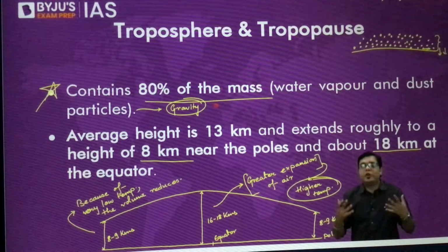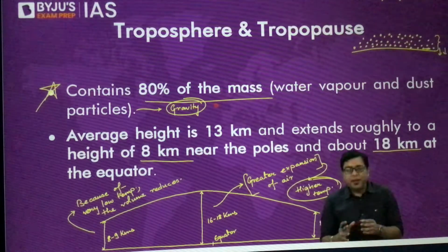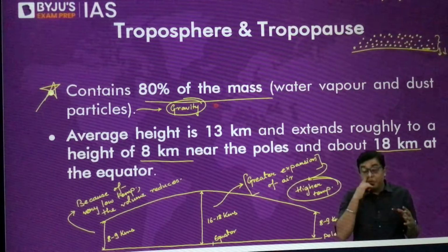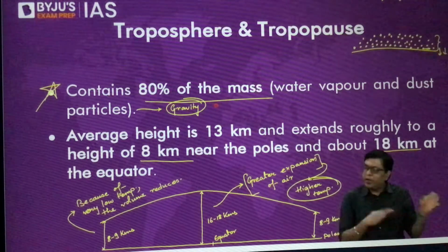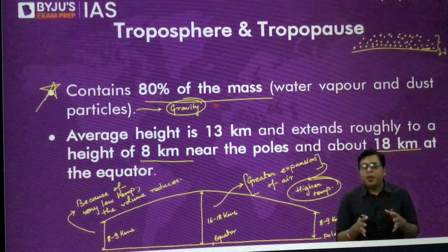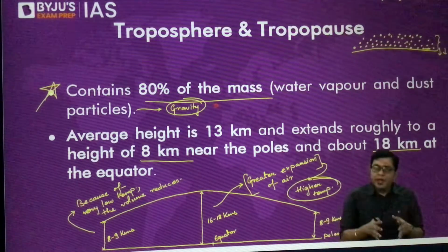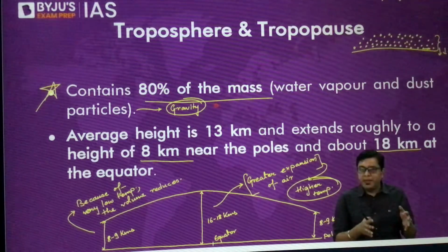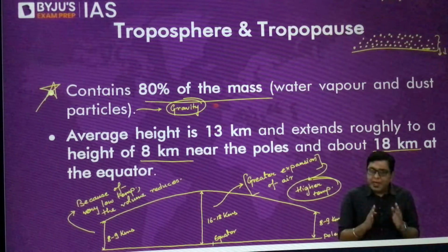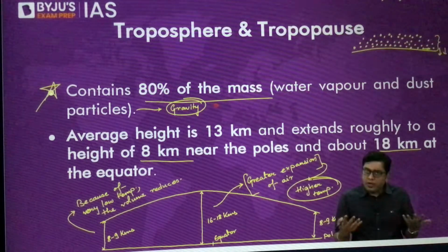Now, any state of matter, be it solid, liquid, or gas, when you heat it up, what happens to it? Forget all the other concepts. What happens to the material when you heat it up? It will always tend to expand. When you cool it down, it will contract. Always. Heated material tends to expand, colder material tends to contract.